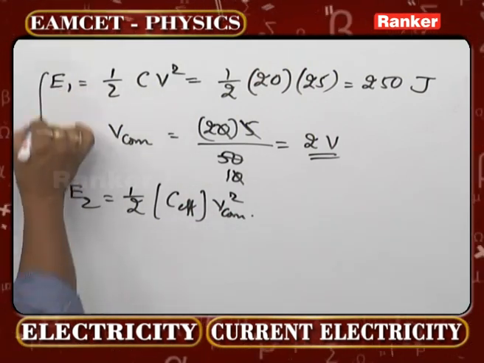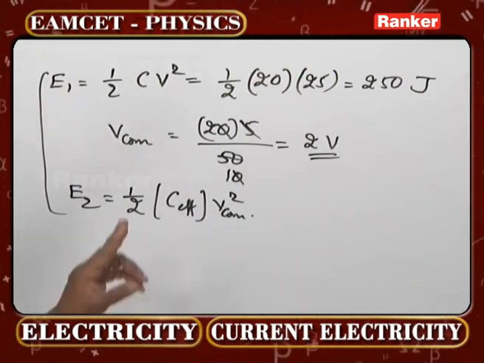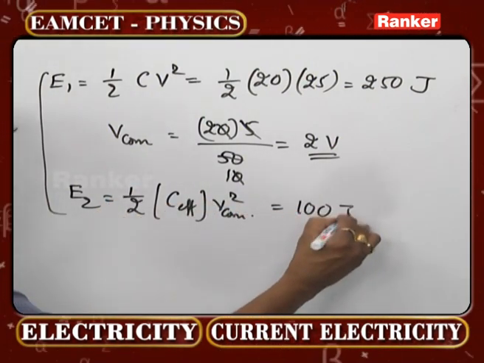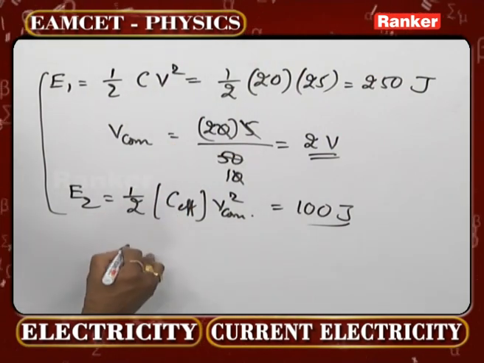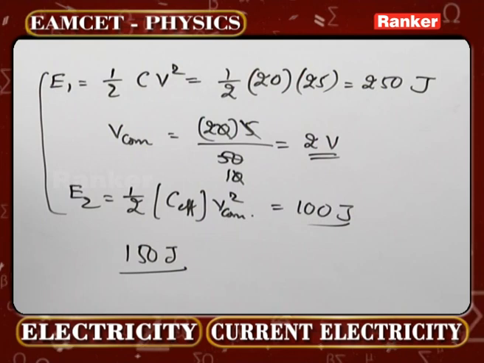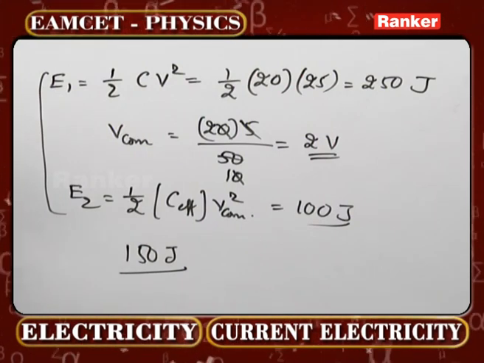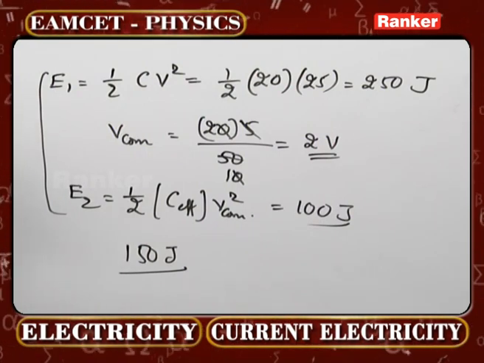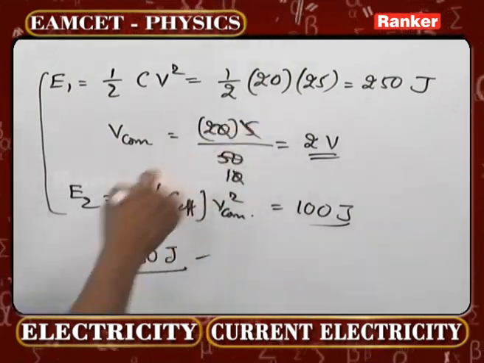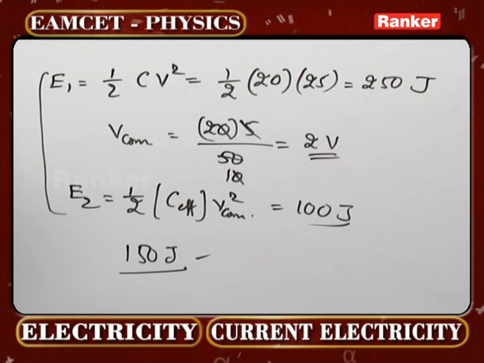Now after getting these two, whatever is the difference, you will be getting the value. So what will be the difference over here? 150 joule must be the loss or decrease in energy. That's what one has to take up over here, please. So look at this area carefully. Directly 150 joule is going to be the decrease in the energy of the condenser as such.